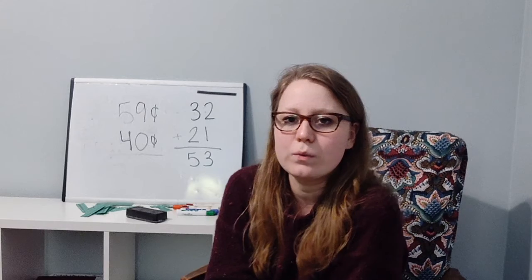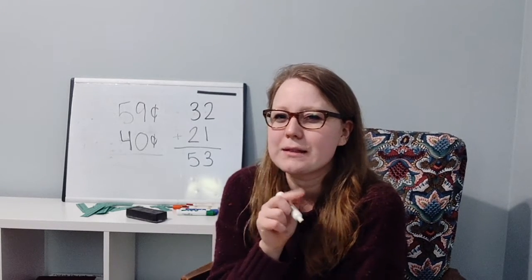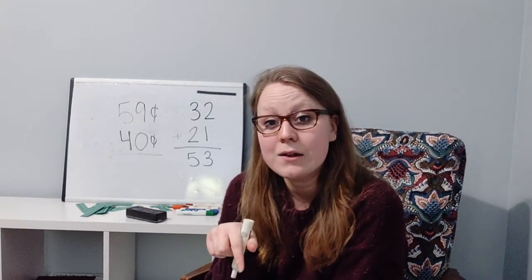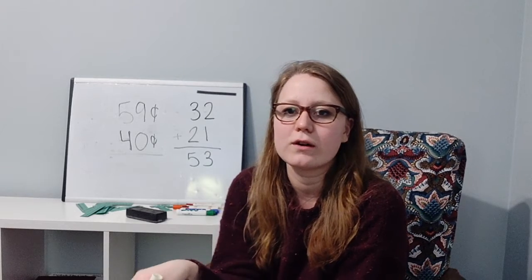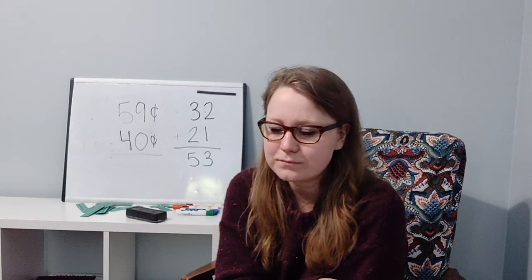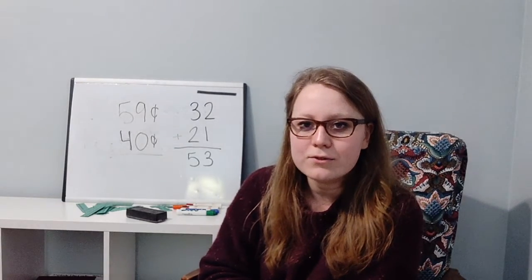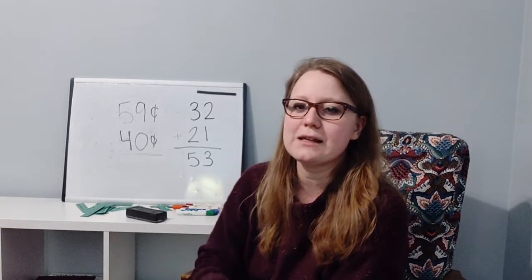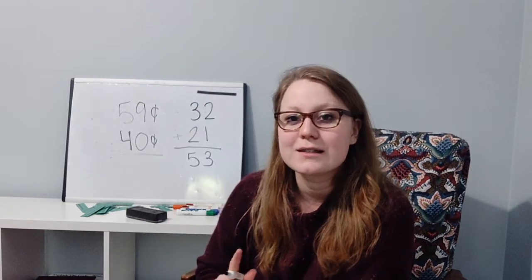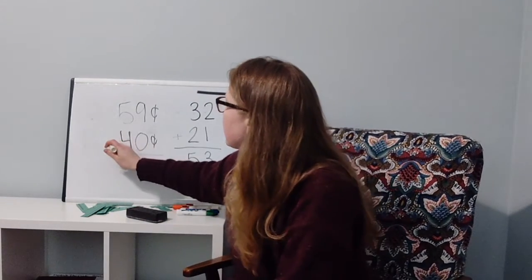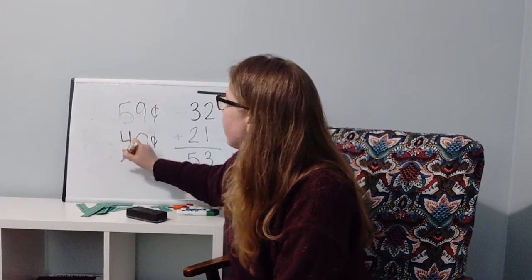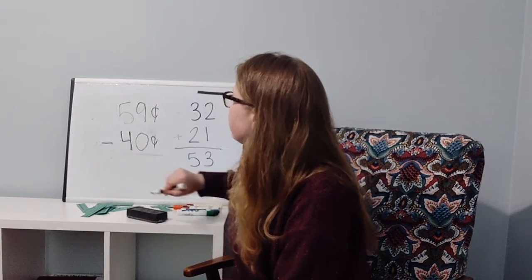Left is a key word. Do you remember, was left a key word for adding or was left a key word for subtracting? We need to find out how much money he has left. We know he spent money, which means that we are subtracting. So we're going to do 59 minus 40.